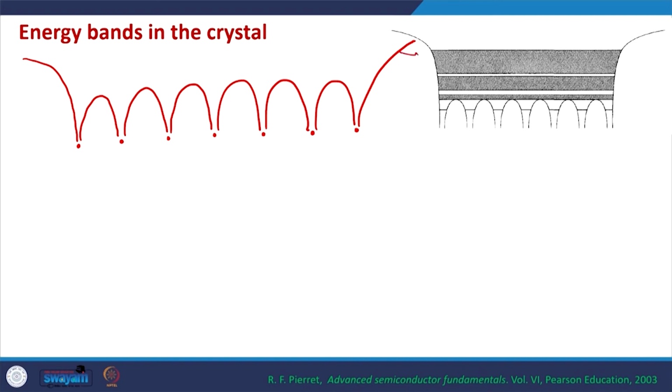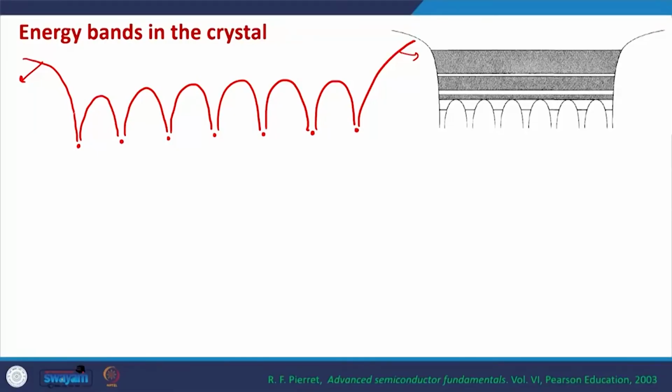So, this is what we started with. These are the ends of the solid, and by making an approximation using the KP model, we solved the Schrodinger equation, and we saw that there are certain energy values which the electron can take, and certain other energy values which the electron cannot take. So, if we picture that in this particular potential profile, let us say this energy value is allowed, we will have a range of energy values which are disallowed.